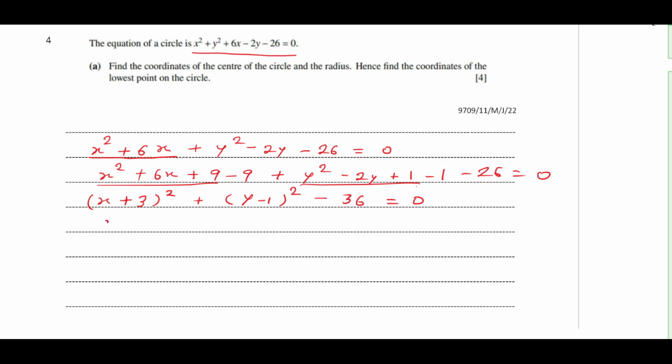So it is (x plus 3) the whole square plus (y minus 1) the whole square is equal to 36, which is 6 square. So therefore I have the center as minus 3 comma 1, because the general equation of a circle is (x minus h) the whole square plus (y minus k) the whole square is equal to r square. This is my center, and the radius is 6. Okay, so I get the center and radius.